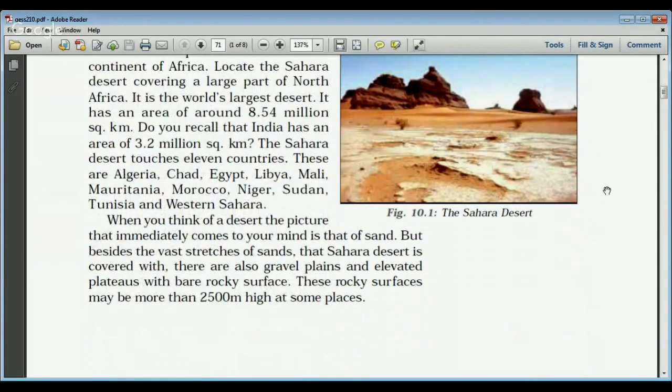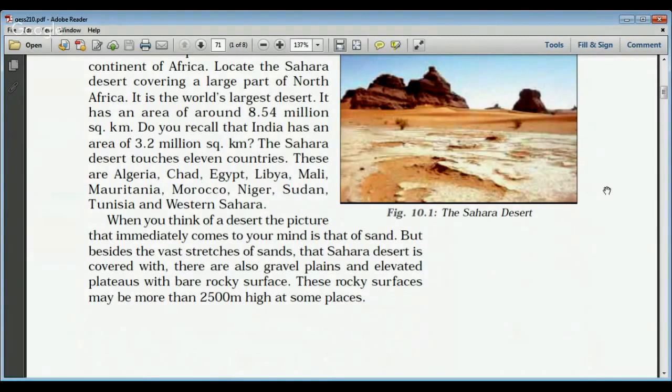Whenever you think of any desert, the picture that always comes is of the Marusthal region or some very sandy region of Rajasthan. Whenever we think of a desert, the immediate thing that comes to mind is sand.